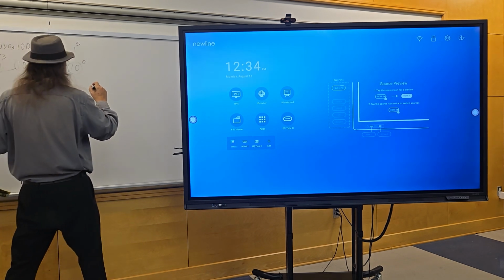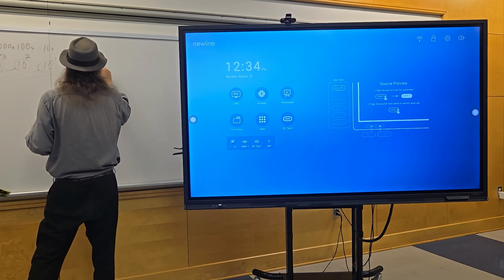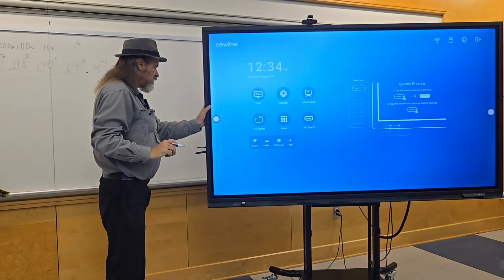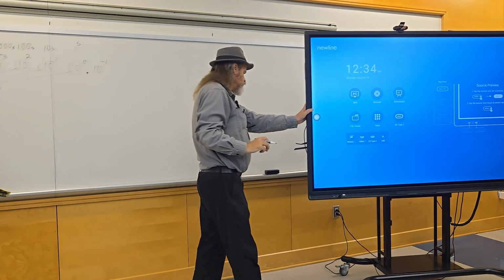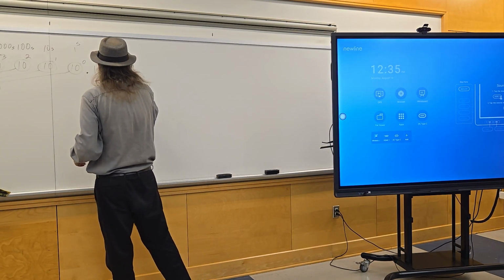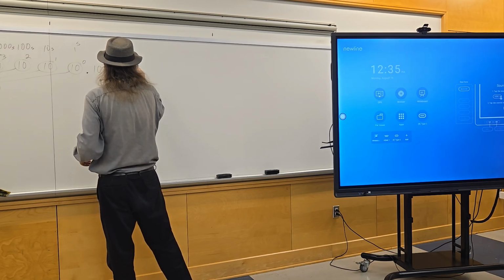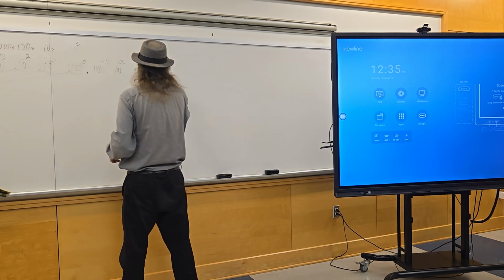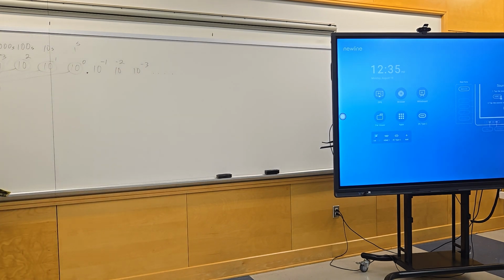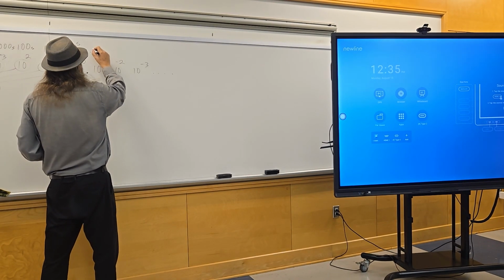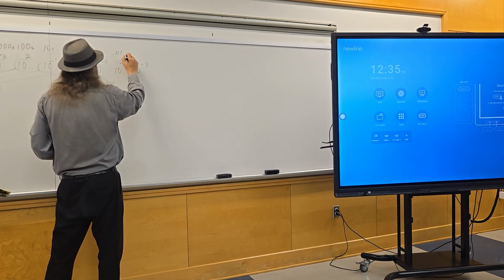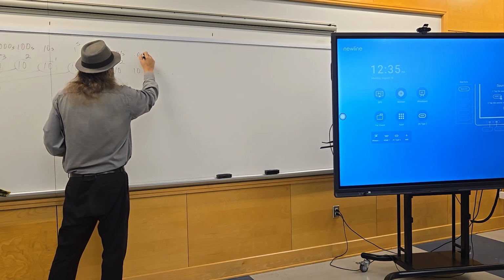Now, you could also go to the right, and you would count -1, 10 to the -2, 10 to the -3, etc. So this would be the 0.1s, 0.01, 0.001.